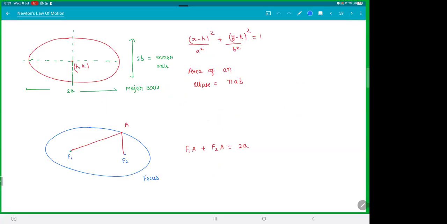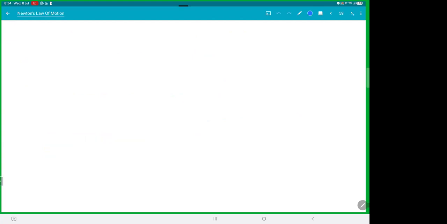That's a bit about constraints. So that's the first part in NLM, constraint motion. The second part is your free body diagrams and stuff. Before going to that, we have to define Newton's laws of motion. So Newton's first law. What is Newton's first law?